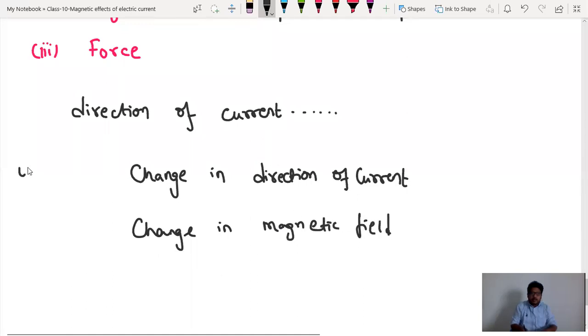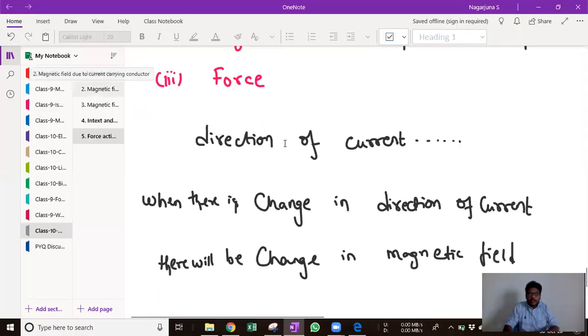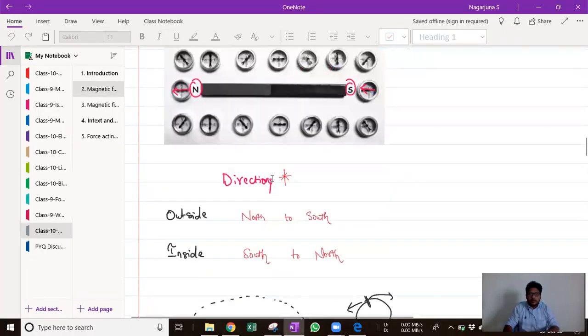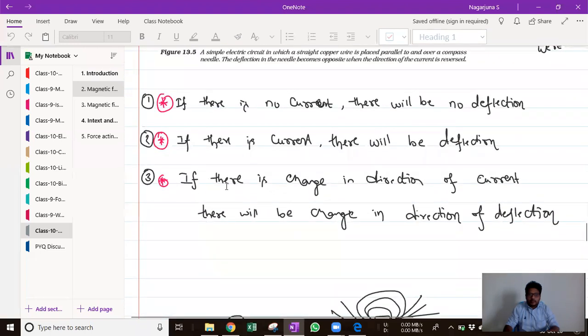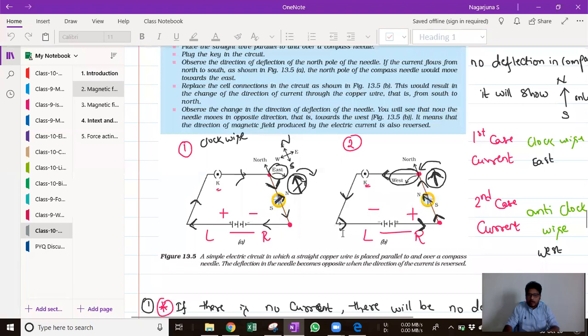When there is a change in direction of current, there will be a change in magnetic field. So if you see this second one here, that's what we have discussed. If there is a change in direction of current, there will be a change in direction of deflection. So this is the diagram I am talking about.